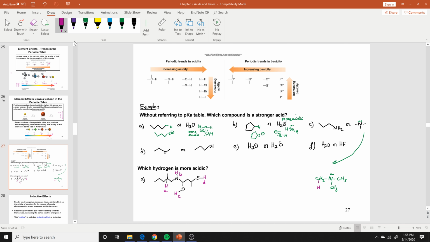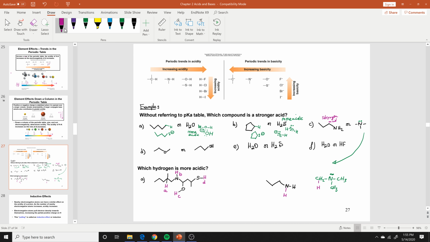So comparing, is this a stronger hydrogen or this hydrogen over here? Which one is a stronger hydrogen? Just see where it is connected. This hydrogen is connected to a nitrogen. This hydrogen is connected to a carbon. Nitrogen is more electronegative. So definitely this is going to be a stronger acid.